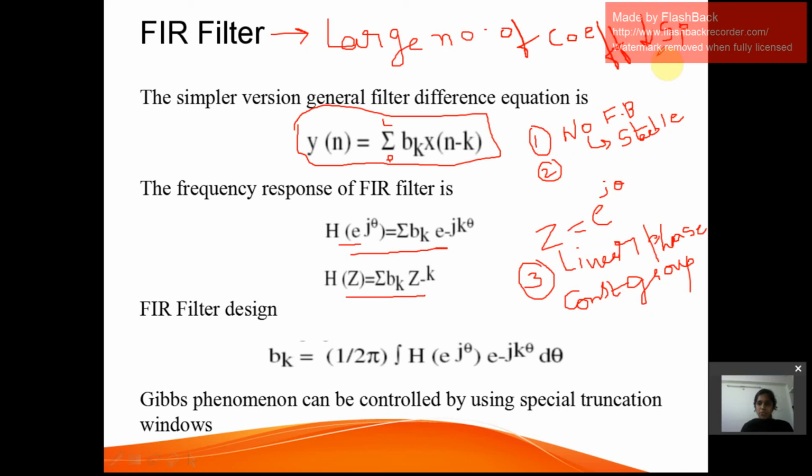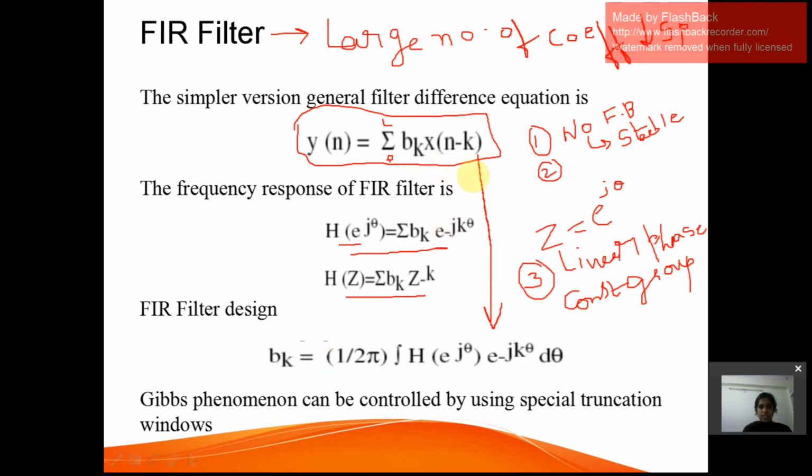And coming to IIR filters, before going into that, we have to discuss this FIR filter design. So what is this design? Here we have a coefficient called b suffix k, right? From this equation, you can write b suffix k. How?